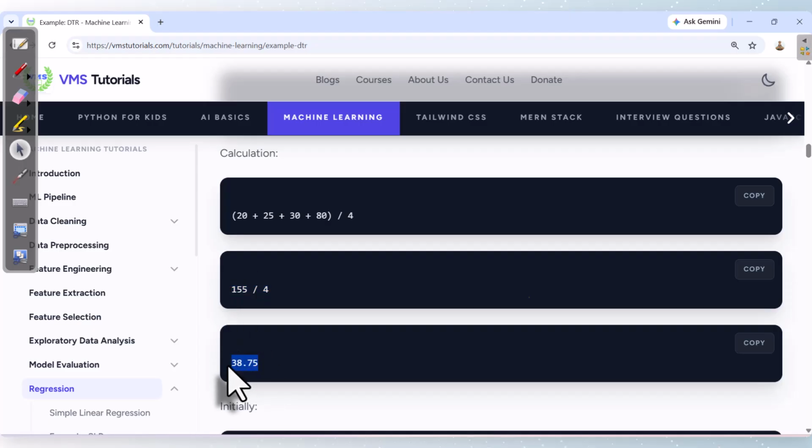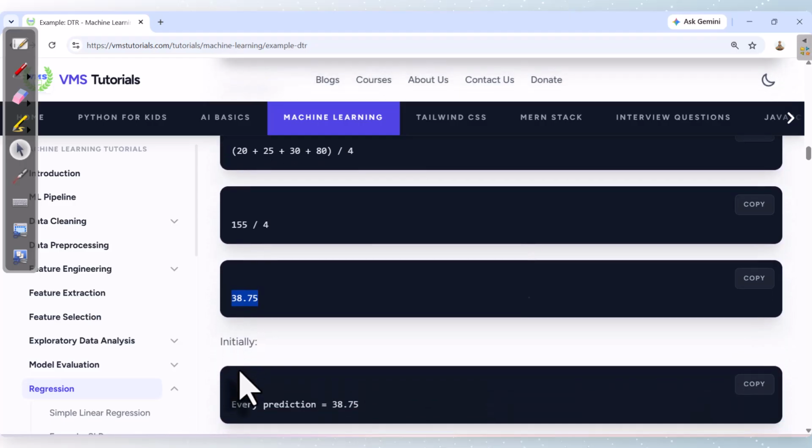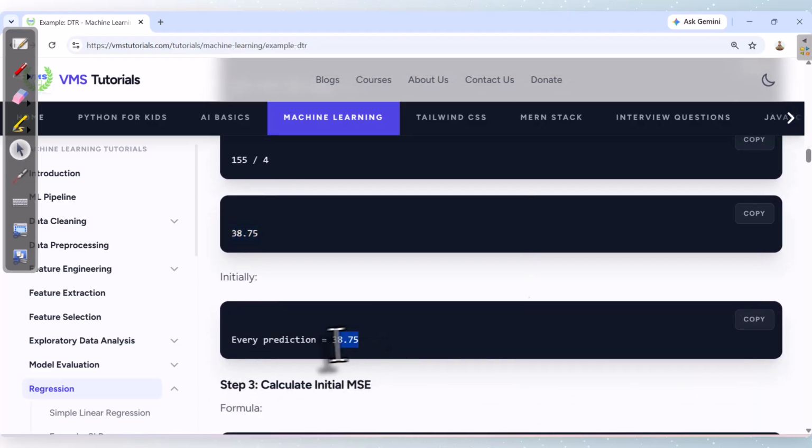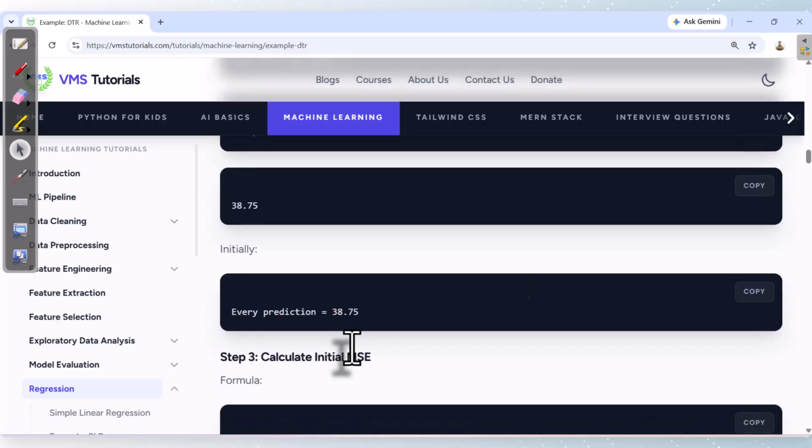The prediction is the average, 38.75. So initially every prediction is 38.75 only, even though I have not performed any splitting. For the entire data set, the prediction will be 38.75.